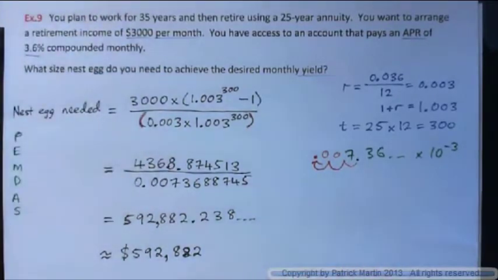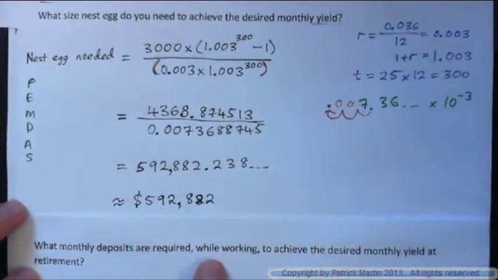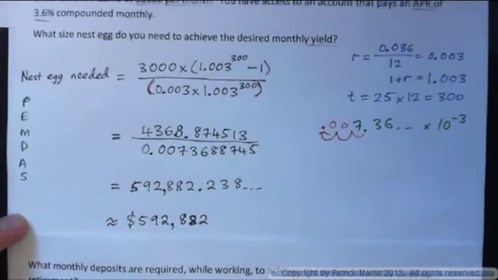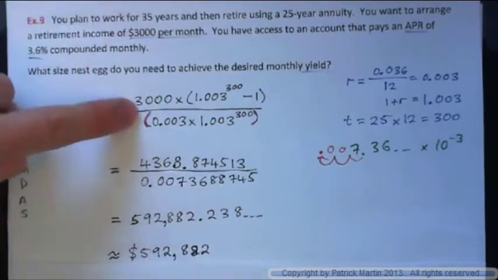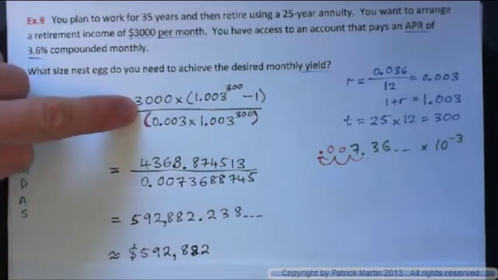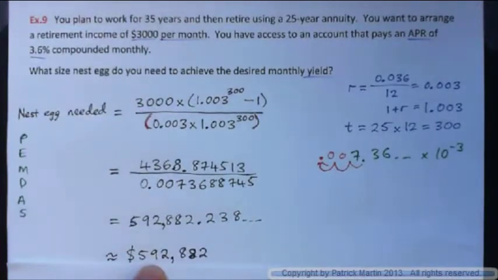Okay, so the next part of question 9 is what monthly deposits are required while working to achieve the desired monthly yield at retirement? In other words, okay, so we want $3,000 a month when we retire. Fine. So that means we have to raise almost $600,000 while we work.